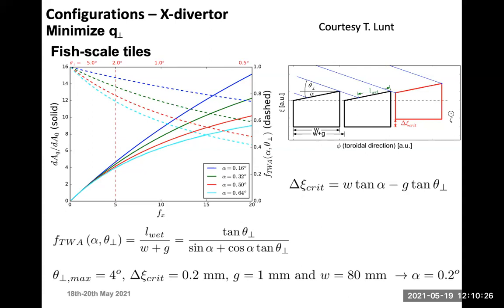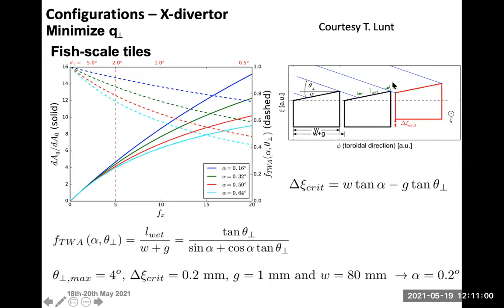And the question is, what is your tolerance? What is the maximum allowable tolerance that you would provide? And this is depicted by this delta psi. Yeah? And if you take all this into account, then you can play around with what the effect is of having very shallow angles to very steep angles, and how this impacts the tolerance you can have in the vertical position or in the gap size.